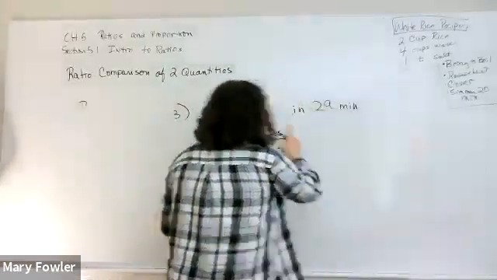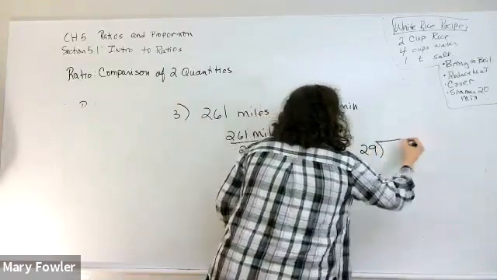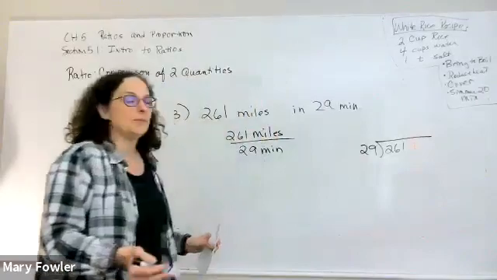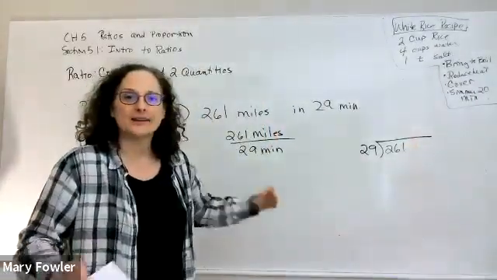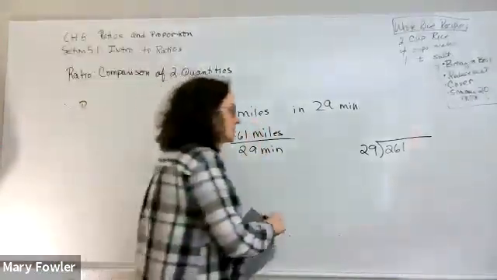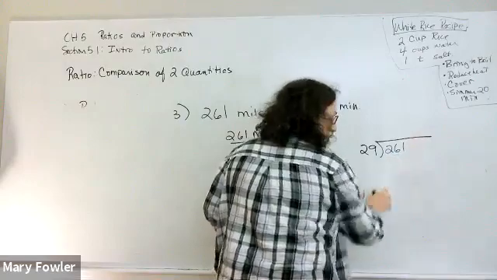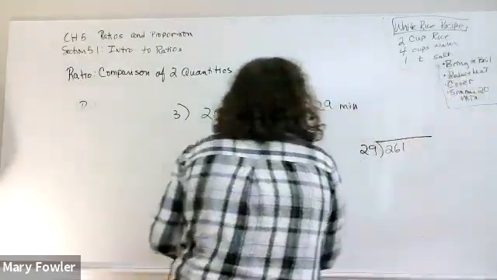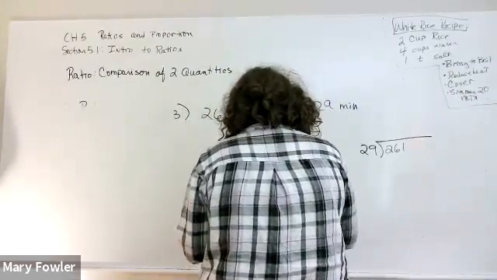I'm going to do this division, and if we come up with an integer, basically what I'm doing is trying to factor 261, get a factor tree for 261. So 29 does not go into 2, it does not go into 26. It does go into 261, how many times?